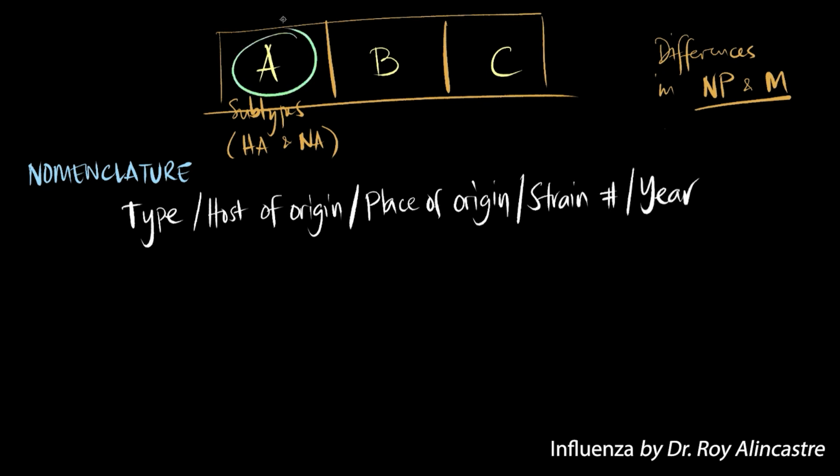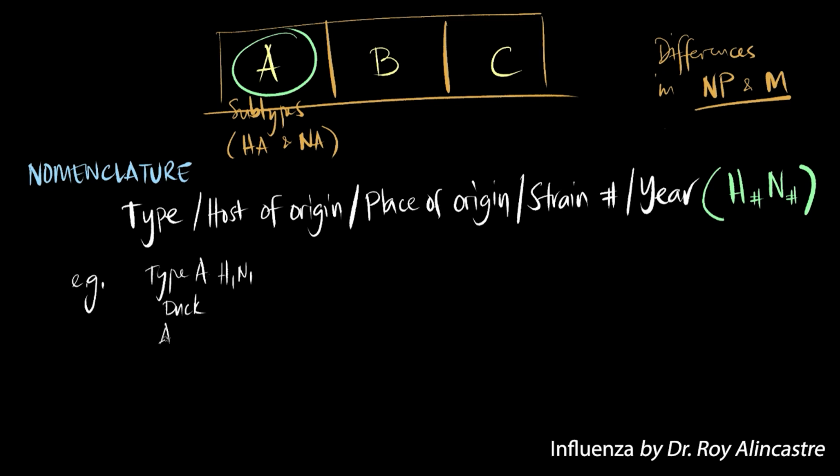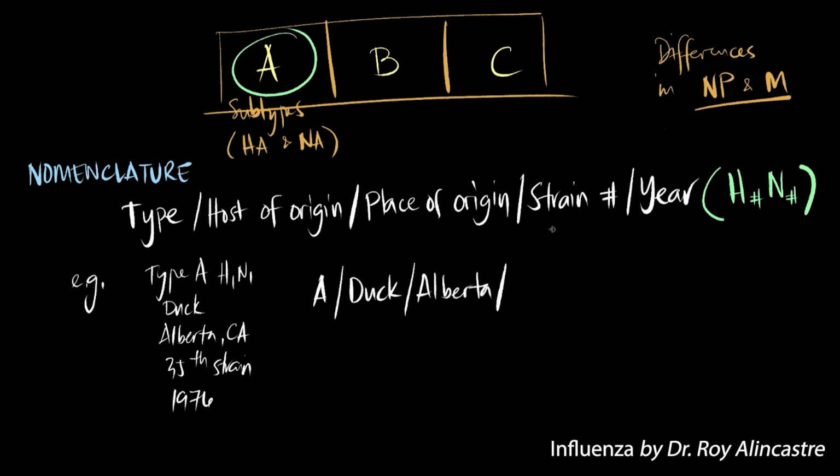For type A, we add in parentheses the subtype H and N. For example, a type A H1N1 flu virus of duck origin from Alberta, Canada, 35th strain found in 1976 would be named A/Duck/Alberta/35/76 (H1N1).